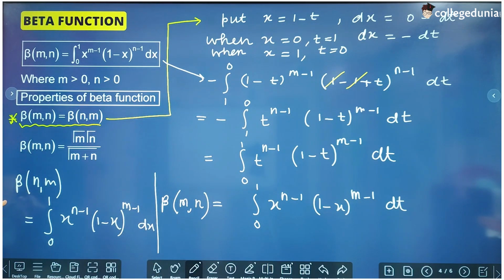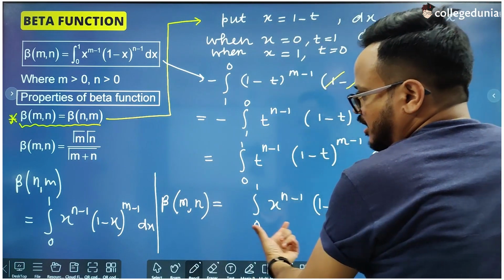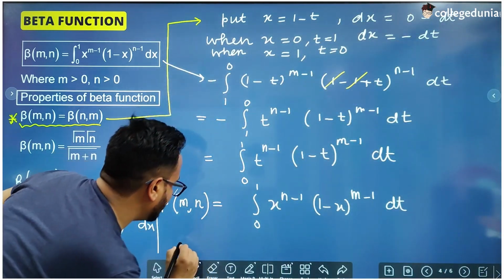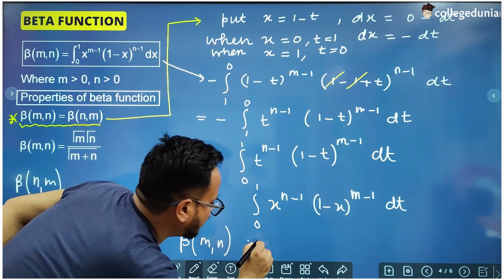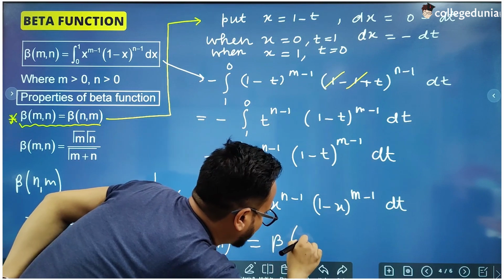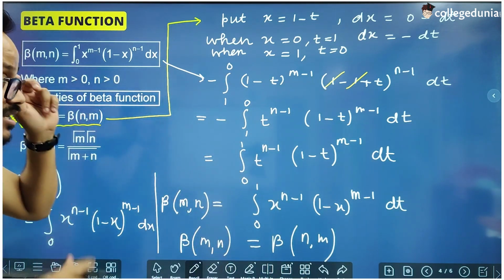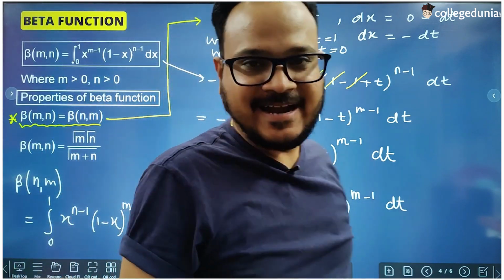This is beta nm, which is nothing but this function. So we can say that beta mn is equal to beta nm. If we interchange the variables, the value of the function is not going to change.